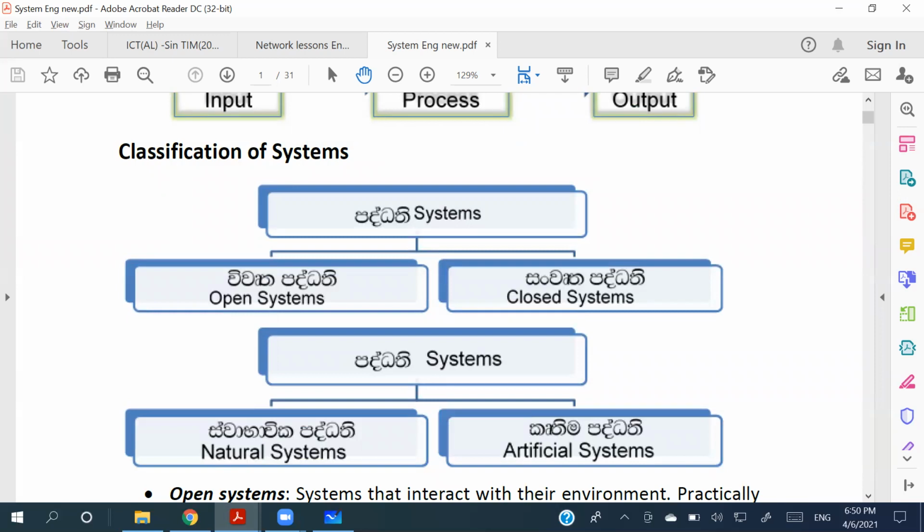If you take a prison kind of a thing, it's going to be a closed system because it is not interacting with the outside.